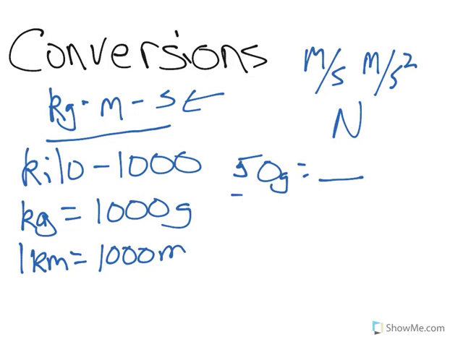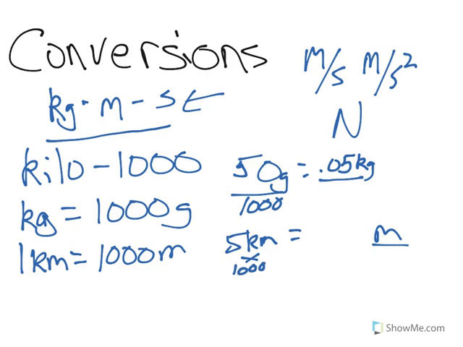The way you do that is to divide by 1,000, and you would get 0.05 kilograms. So if it's in grams, divide by 1,000 to get kilograms. If you have 5 kilometers, you need to get that into meters. You multiply by 1,000, so it would be 5,000 meters. Again, if it's in grams, you divide by 1,000 to get kilograms. If it's in kilometers, you multiply by 1,000 to get meters.